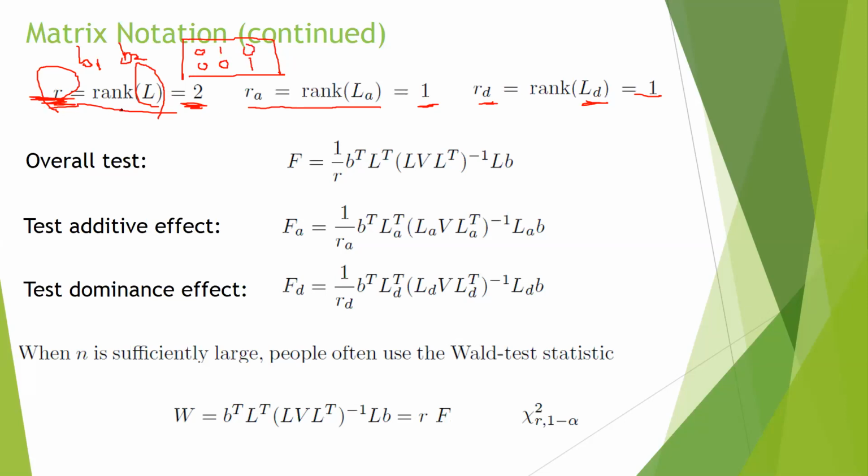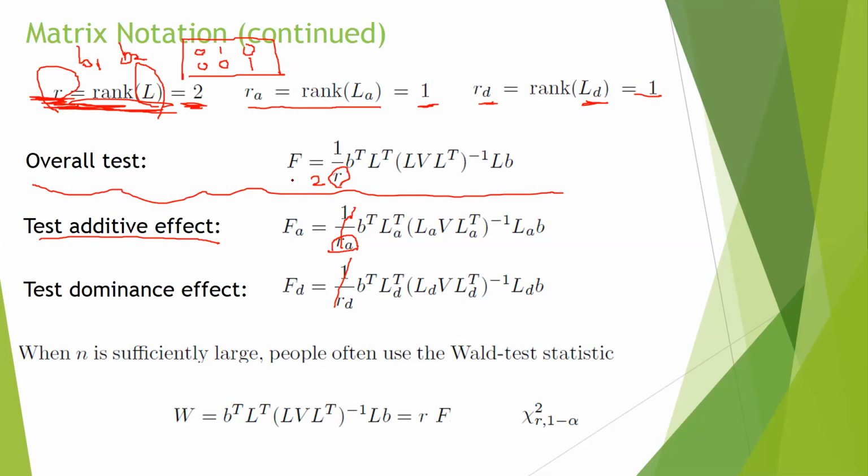That matrix has rank equal to 2, right? So for the overall test, the formula is this. That's why you see a 2 here, the rank. But when we test the additive effect only, this becomes 1, so you do not see this ratio. And the same here, you do not see this ratio. It's 1. So that's why, when we want to test B1 and B2 simultaneously, we see a slightly different formula here, because of R, the rank.